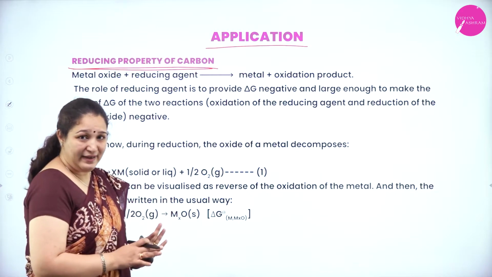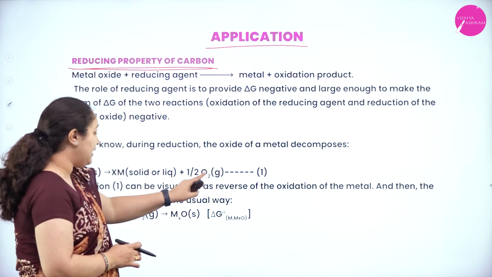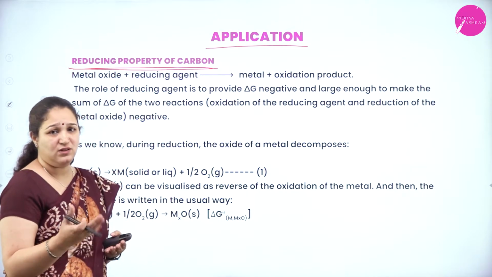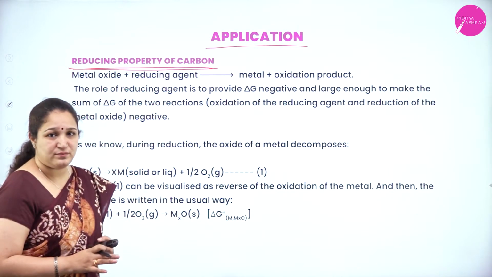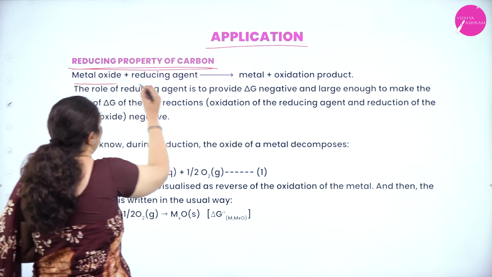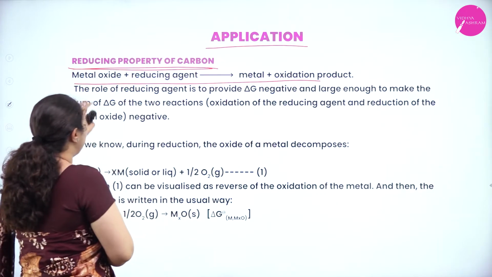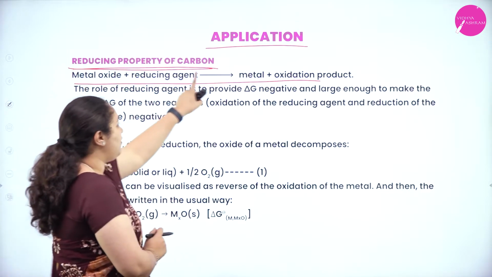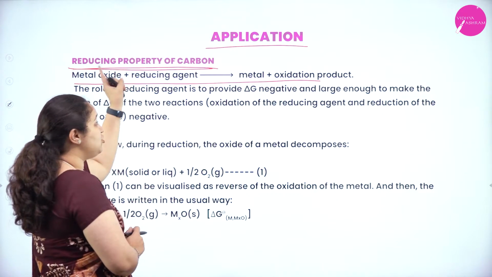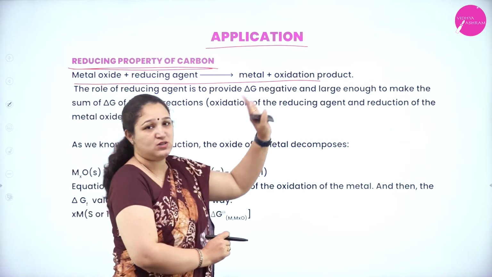Okay. And the oxygen which is liberated should be taken up by the reducing agent so that it will form its oxide. So I can split this particular reaction into 2. Metal oxide should first form metal to liberate oxygen, and the reducing agent should take up the oxygen to give the oxidation product.